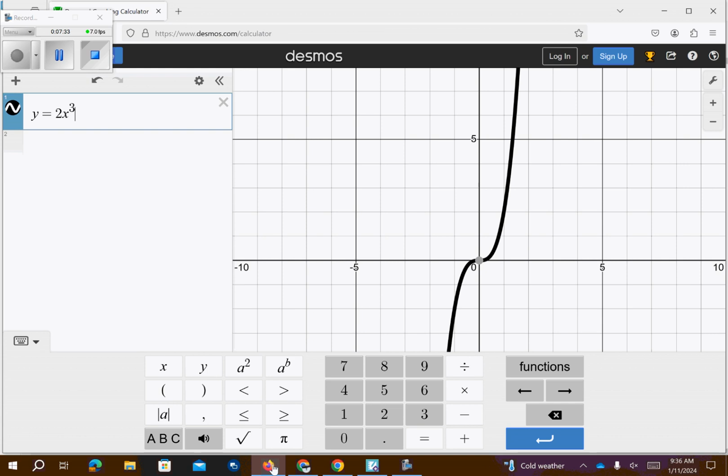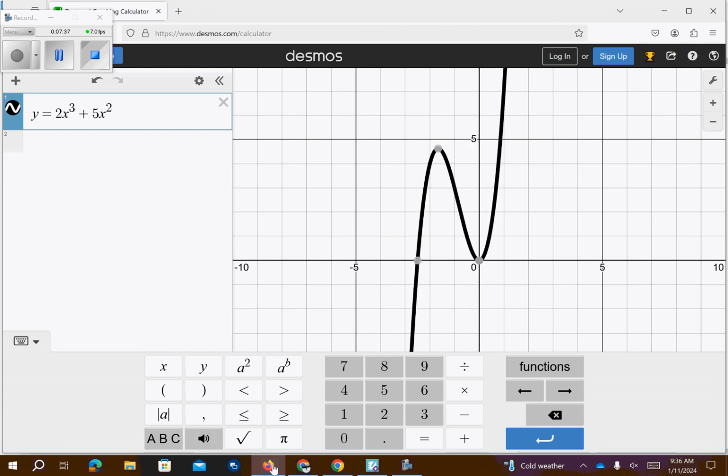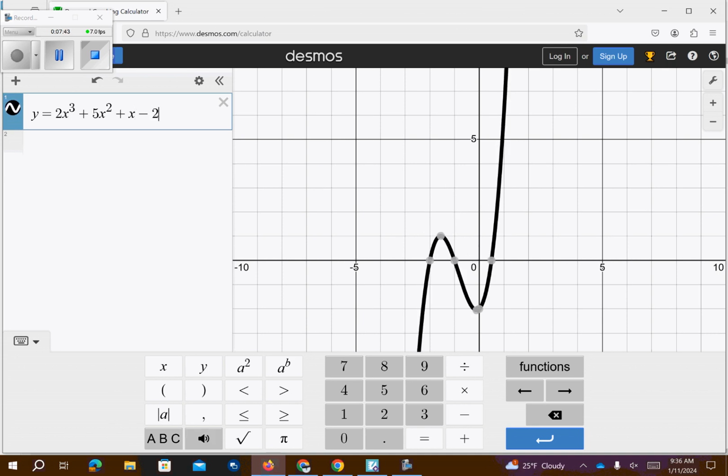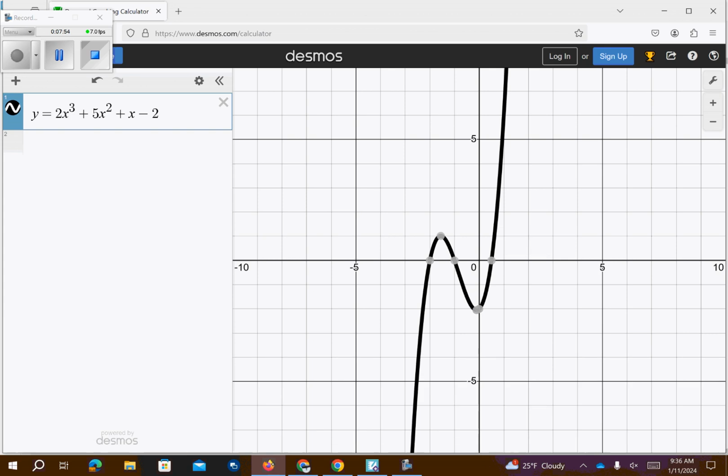Plus 5x squared plus x minus 2. Cool. All right. Because this is raised to the third power, that means we could have 3 crossings of the x-axis, which is beautiful. So those are the 3 spots it crosses.